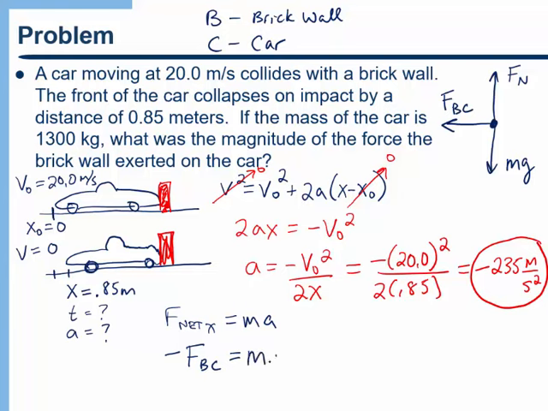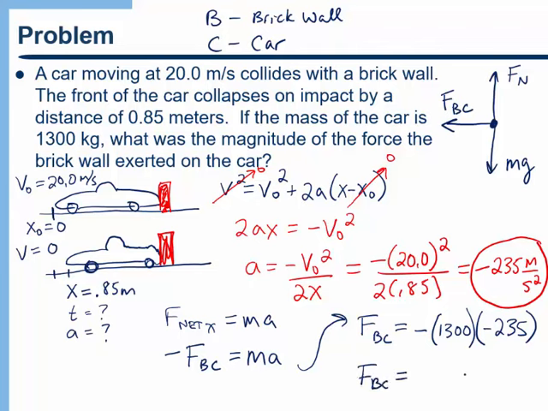So I know enough to calculate the answer. In other words, FBC, to move that negative sign to the other side, is negative the mass, which is 1,300, times negative 235, which was our acceleration. And what we end up with is that the force that the brick wall exerts on the car is 3.1 times 10 to the 5th newtons.